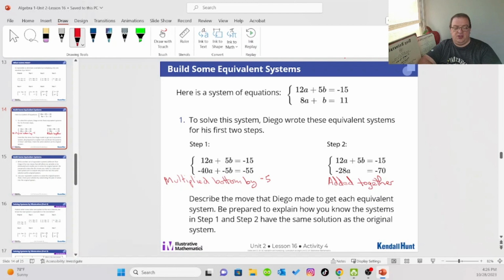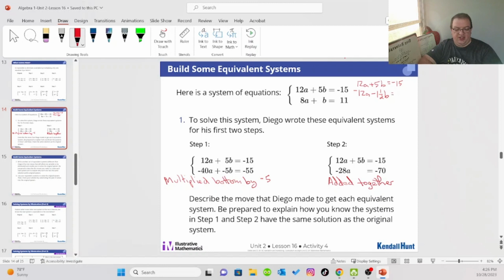Or, if we're trying to get rid of a, I could multiply everything on the bottom by -1.5. If I do that, then I have 12a plus 5b equals -15. 8a times -1.5 is -12a. b times -1.5 is -1.5b.